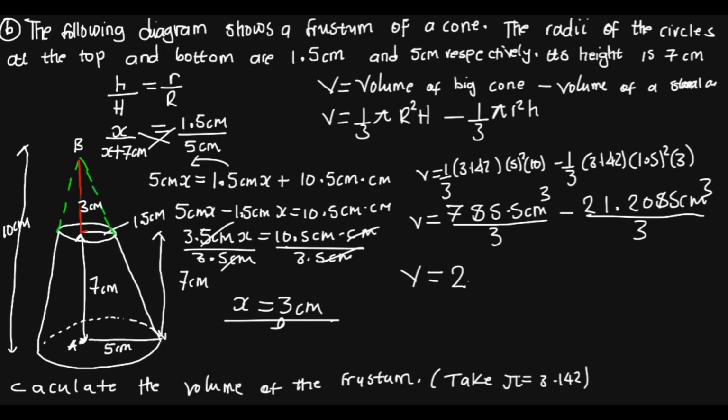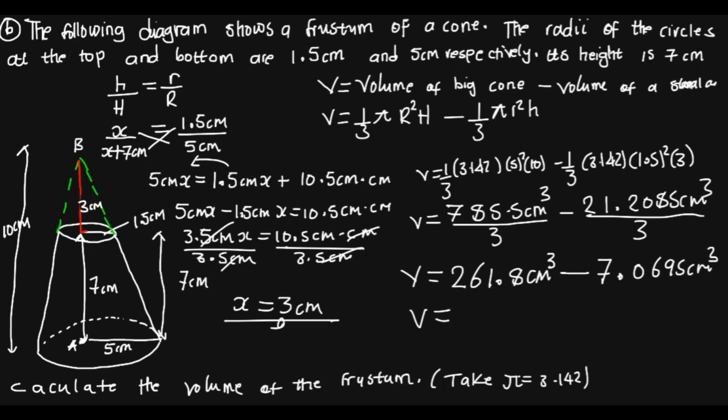My answer is 261.8333 recurring, we just say 261.83 centimeters cubed, minus 21.2085 divided by 3, getting 7.0695 centimeters cubed.